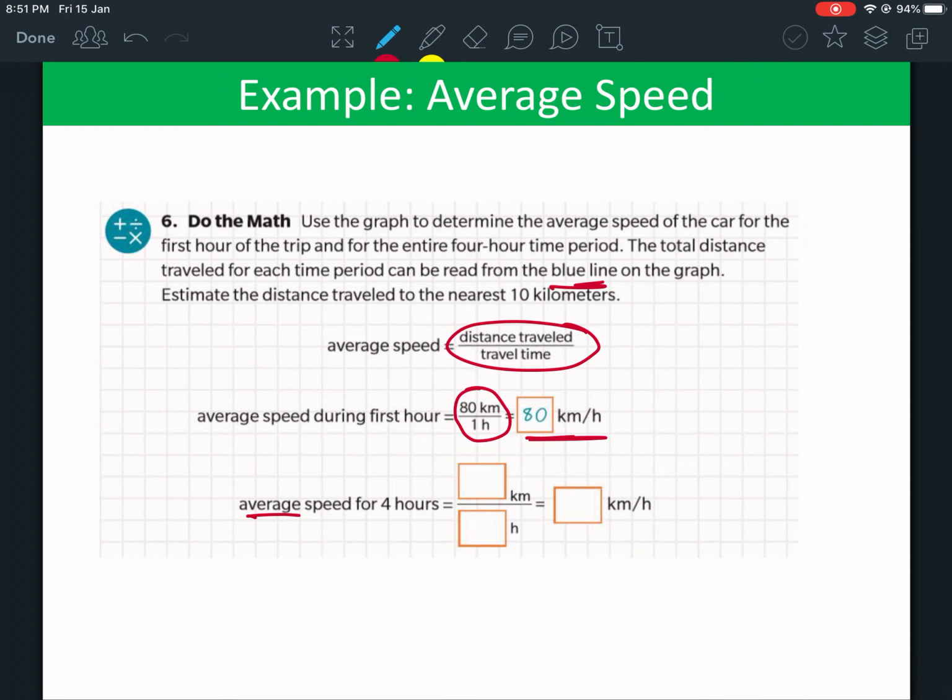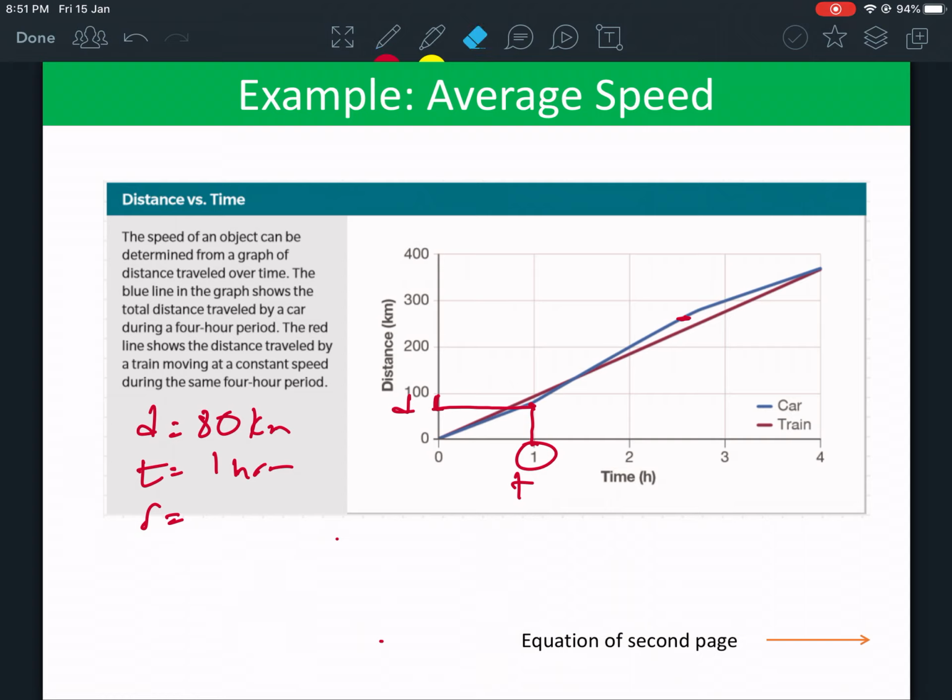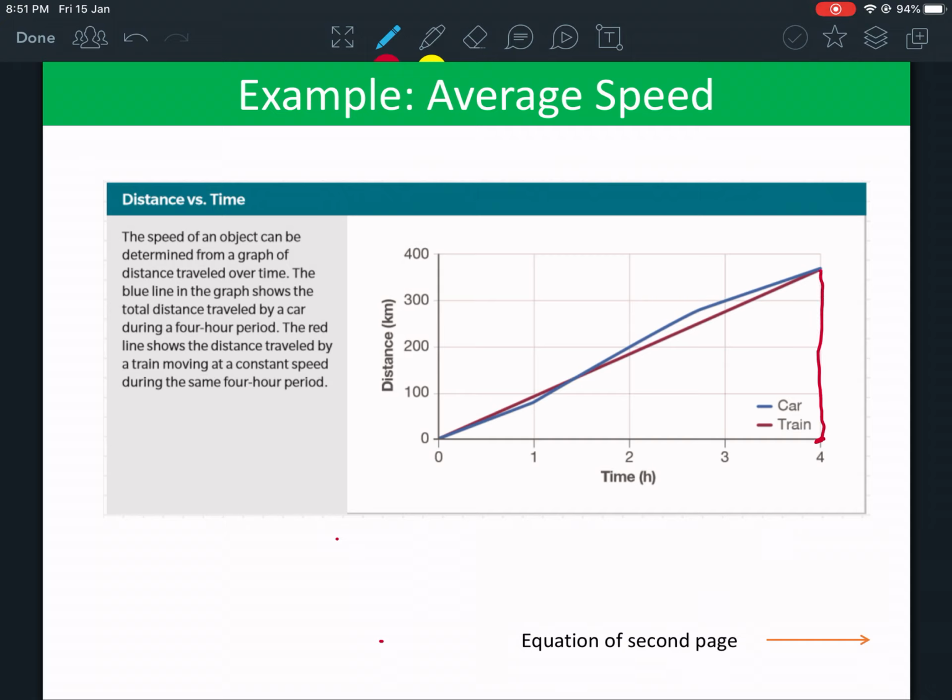Now they said average speed for 4 hours. Let's get the 4 hours. I want to go over to hour number 4, because they want it in 4 hours, and this is the car, so I have to go up to the blue line over here, and then go this way.